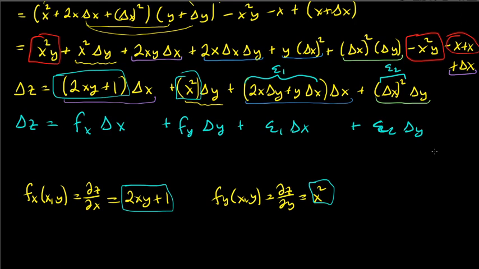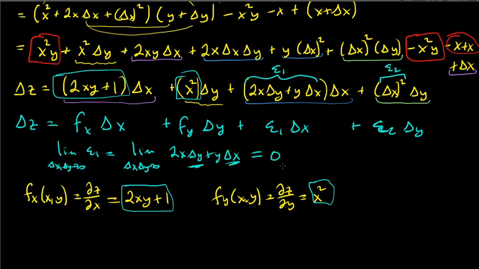And now all we have to do is check, we take the limit of epsilon 1 as delta x and delta y go to 0. So if we take that limit, what's epsilon 1? It's just 2x delta y plus y delta x. However, delta y is going to 0, delta x is going to 0. We just get 0 plus 0 is 0. Right?